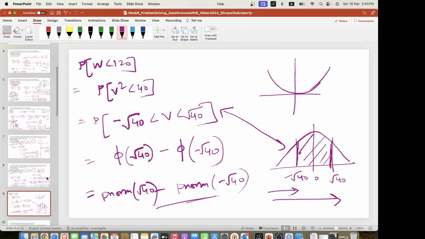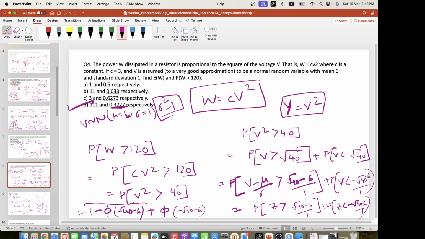But what happened in the previous one? In the previous one we had greater than root 40 and less than minus root 40. So in this one the area was this. Let's say this is your curve. This is root 40 and this is your minus root 40. We wanted this area and this area.